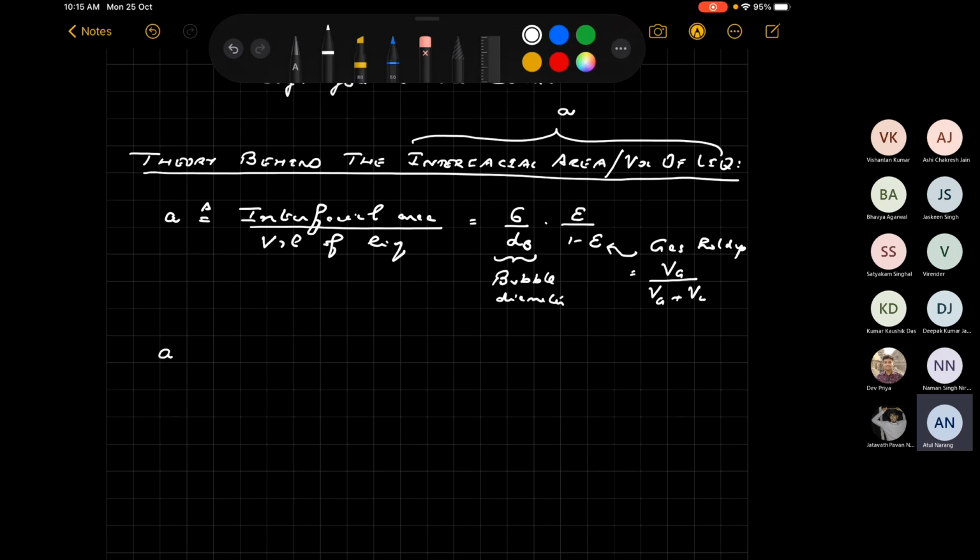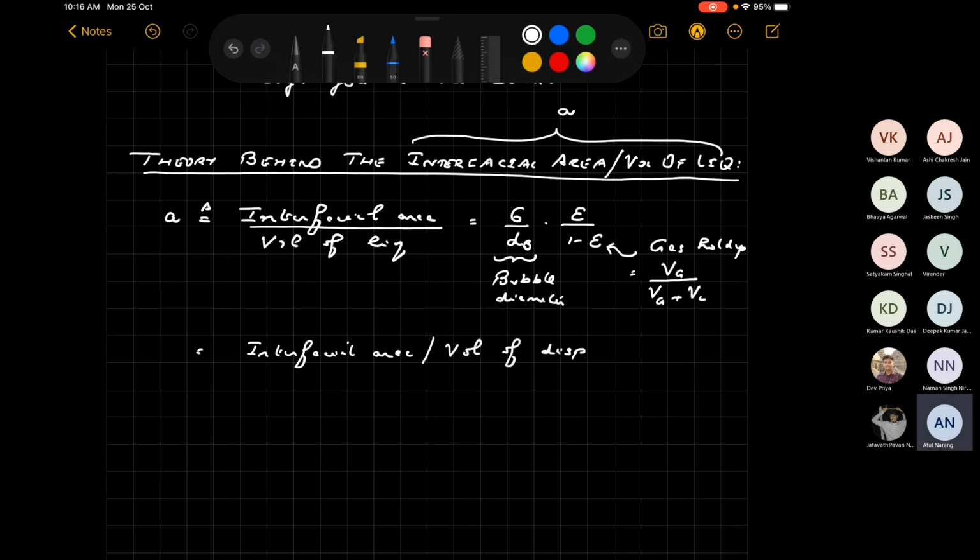Now, I can write this as equal to the interfacial area, not per unit volume of liquid, but per unit volume of the total dispersion.